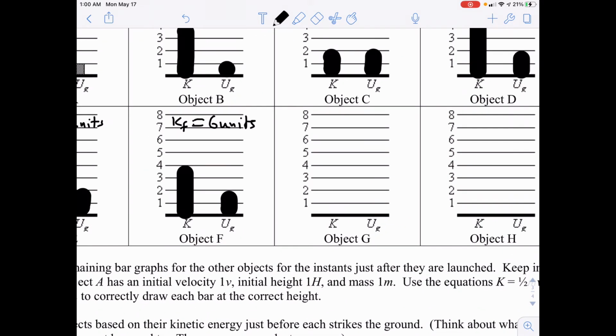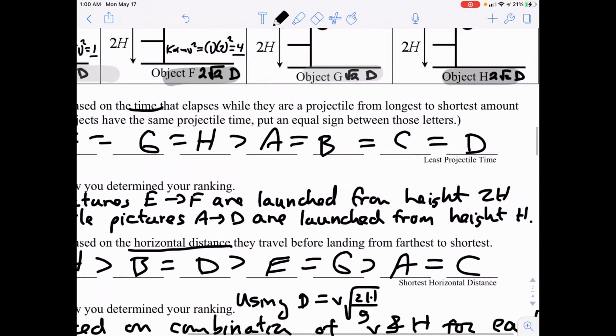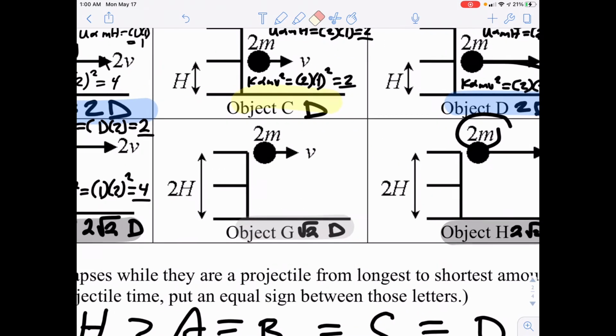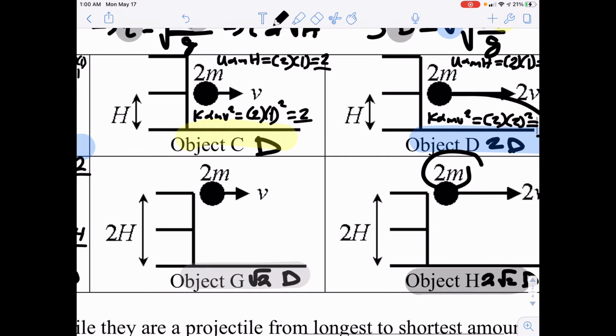Let's look at object G. Object G, we're going to have a potential energy, again, proportional to mH, would be 2 mass units and 2 height units. So now our potential energy is 4 times greater than the original object A. Kinetic energy is proportional to mv squared, which is 2 mass units and 1 velocity unit, for a kinetic energy of 2 units.